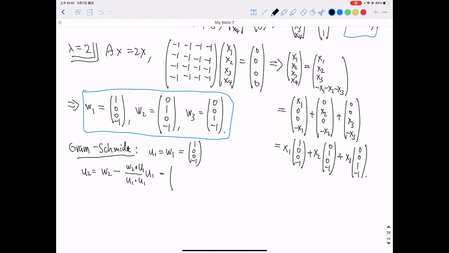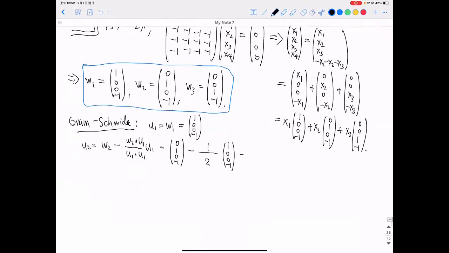So W2 is 0, 1, 0, minus 1, minus, what is this number? U1 dot with itself is 2. W2 dot U1 is 1.